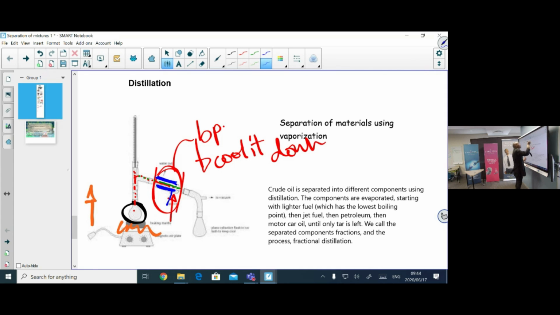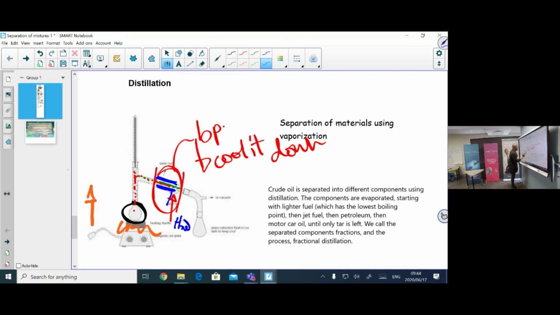And once it starts to cool down, it will now start to what? Condense. You remember first change? It will start to condense. It will transform from gas back to liquid, because now it has been cooled down by this water that we supply here, right?